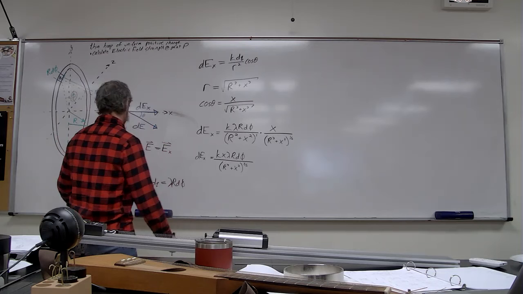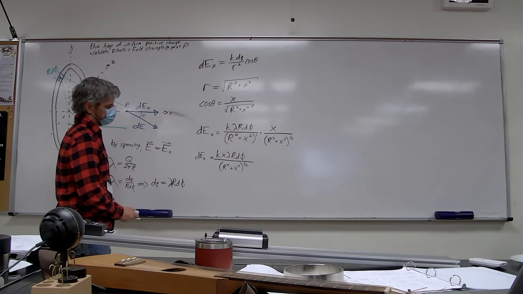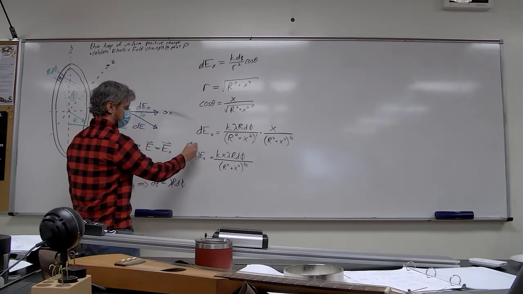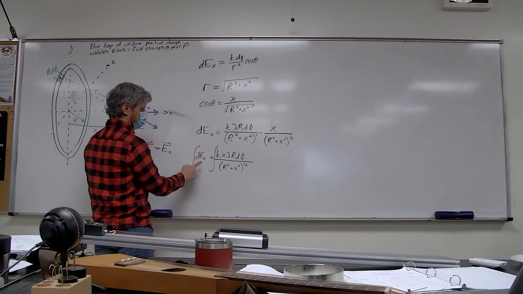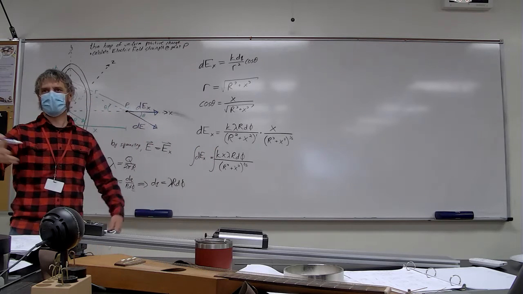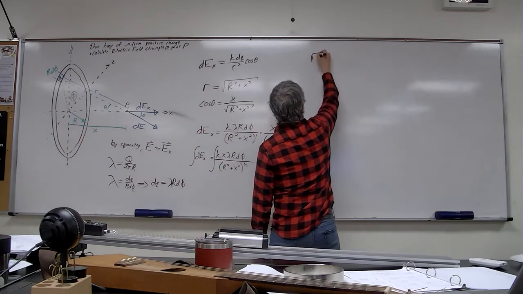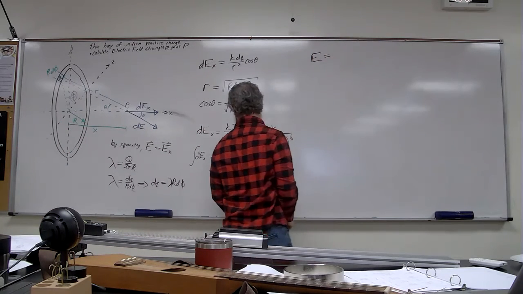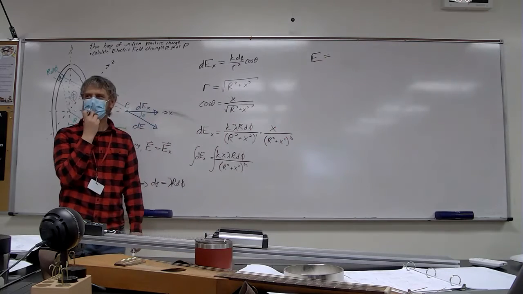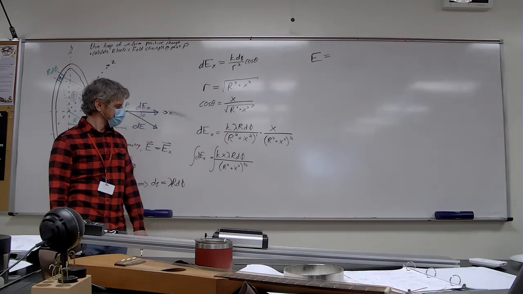And then I need to integrate both sides, right? When I integrate the total electric field in the x direction, I get the total electric field. Is it just the integral of d phi? Yeah. Everything else is constant.